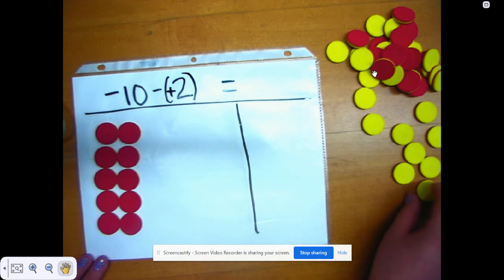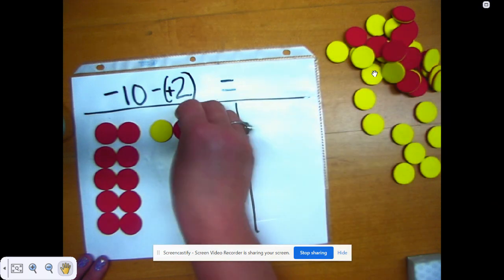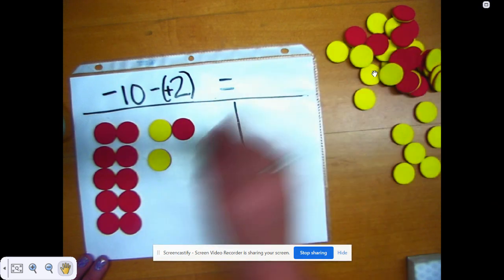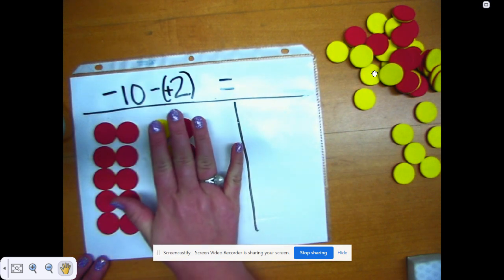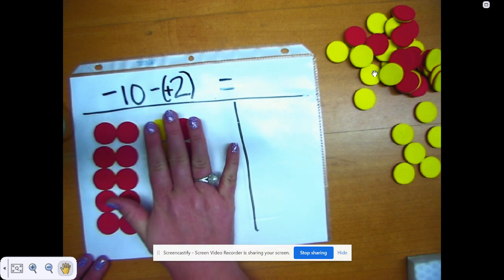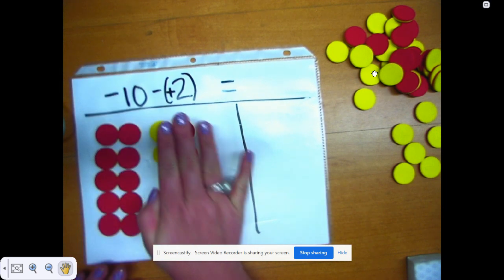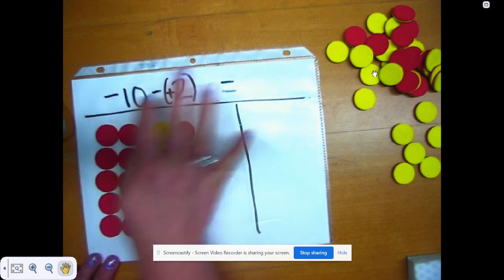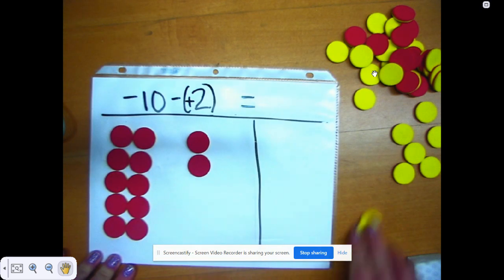So I have positive 1, negative 1. Positive 1, negative 1. Again, these zero pairs equal 0. So I still only have negative 10 on my board. But now I can take away positive 2. So negative 10 minus positive 2, I take away my positive 2.